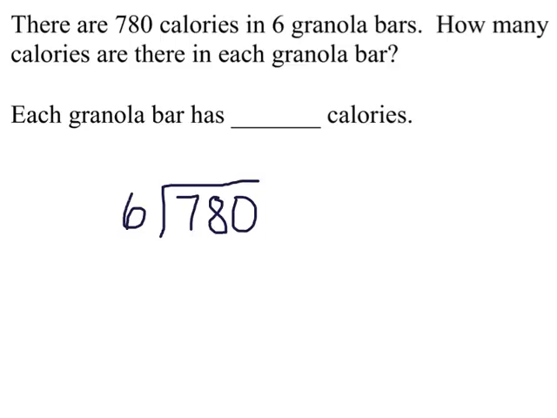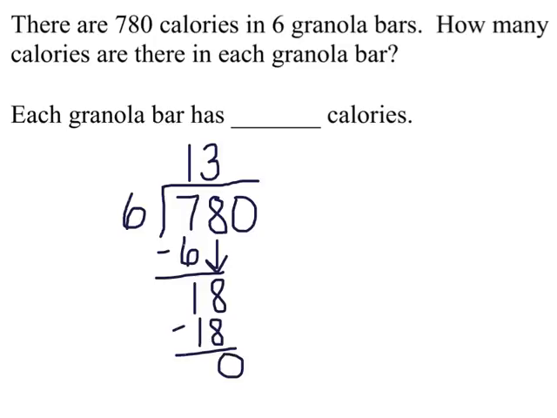Now, will 6 go into the 7? Yes, it will. 1 time. And 1 times 6 is 6. I need to subtract and get 1. Bring down my 8. How many times will 6 go into 18? 3 times. And 3 times 6 is 18. Subtract and get 0. And bring down the 0.